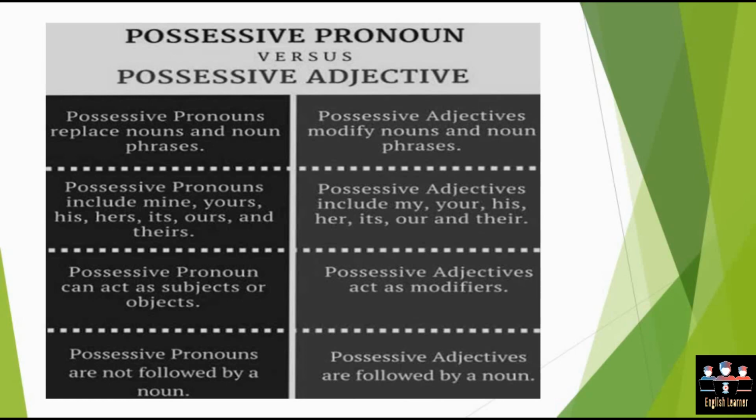Number 3 point is possessive pronoun can act as a subject or object in a sentence, whereas possessive adjective will always act as a modifier. Modifier to whom? Modifier to a noun or a pronoun in a sentence. Last point is possessive pronouns are not followed by a noun, whereas possessive adjectives are always followed by a noun.